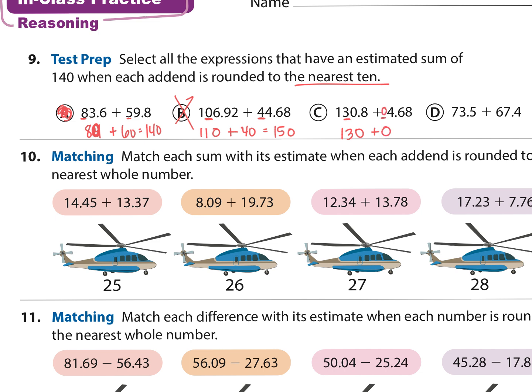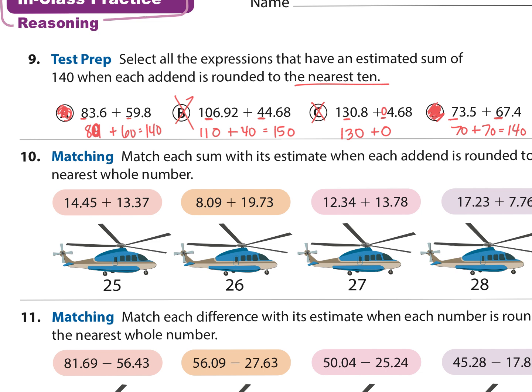That's 130. That one won't work. And then I have one more. Underline your tens digit. 7, but my judge is a 3, so this is going to be a 70 plus, what's 67 going to change to? 70, and 70 plus 70 equals 140. So I have two answers on number 9. I have A and I also have D.